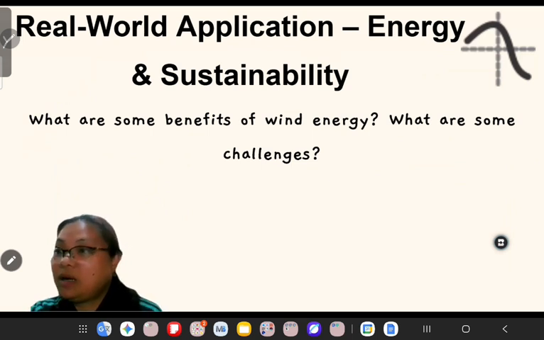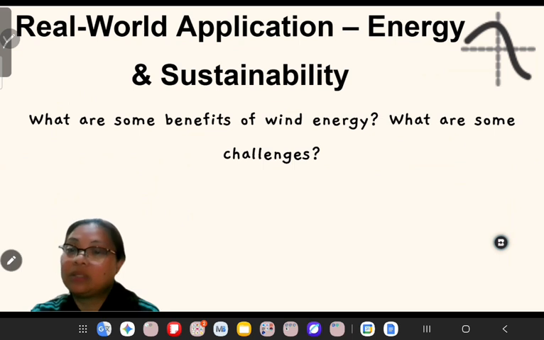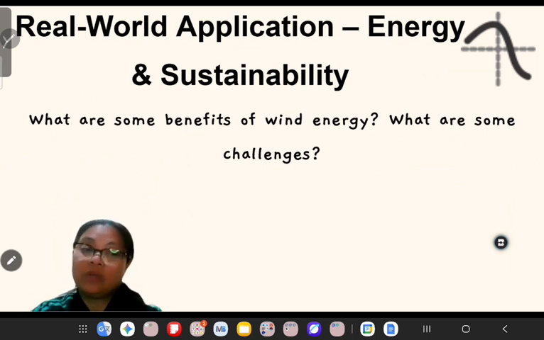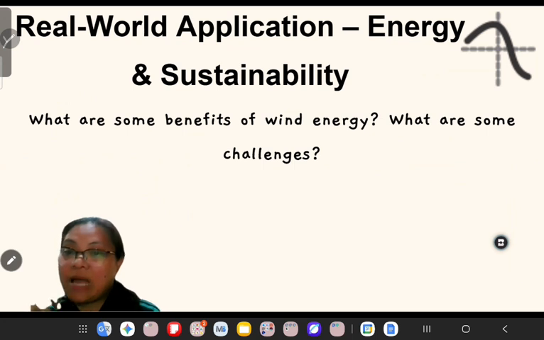And then the next part would be the application part, the energy and sustainability part. So I will connect that function to renewable energy. We will talk briefly about how wind turbines work and why they are important in reducing fossil fuel use.